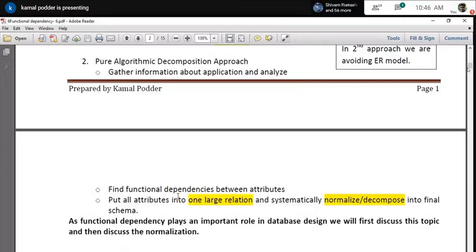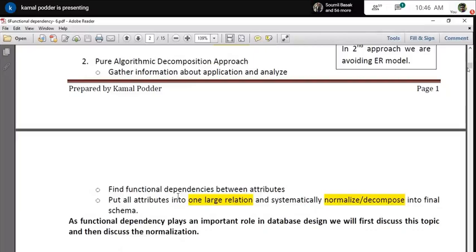You should also understand how to avoid redundancy, and how to find out which one from the relation should be the key. All those things you have to understand with the help of the functional dependency concept.